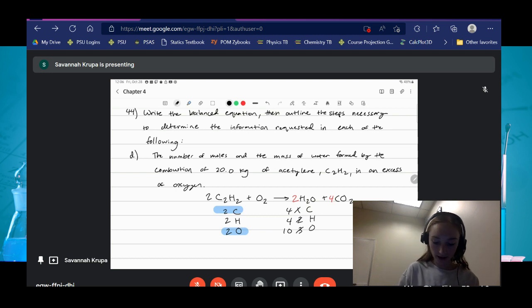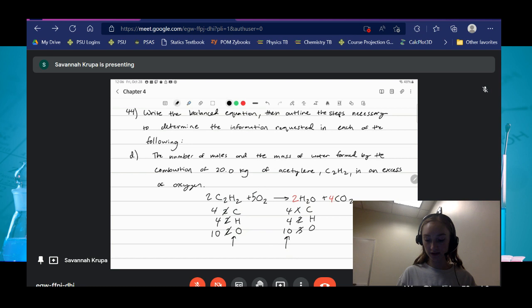So that will make it so that we have 4 carbon, 4 hydrogen, and now all we have to do is just balance the oxygen gas here, because that is the only thing that is unbalanced, and because we have 10 on the right, now we have an even amount, and we'll just need to put a 5 in front of the oxygen gas here, and so then that'll make it have 10.